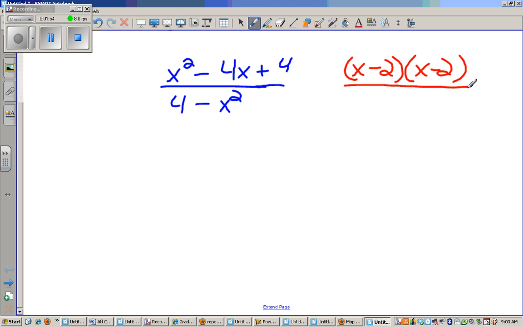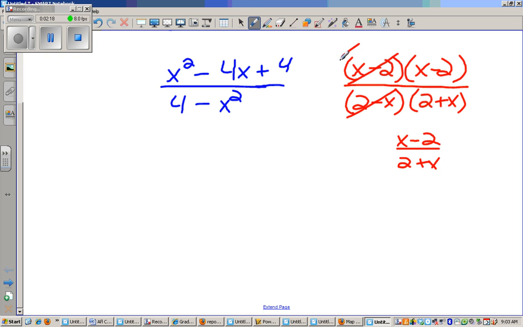And if we factor the bottom, we have a difference of squares, which is 2 minus x, 2 plus x. So you can see that, again, we've got this that reduces, but they're in the opposite order. And so I will end up with x minus 2 over 2 plus x. But this reduction here in the beginning produces a negative sign, which I guess you technically would put in front of the whole fraction. That would probably be the safest way to do it.